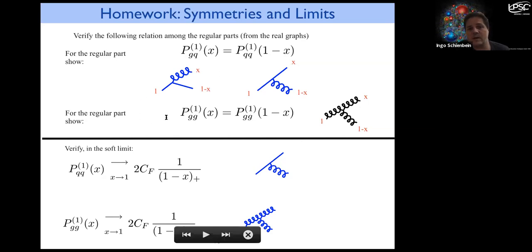And for the regular part, if you don't have the virtual diagram for P_qq, you find also P_gg of x is equal to P_gg of 1 minus x. So if you just take the regular part of this diagram here. Then it's sometimes interesting to know the splitting functions in the limit x to 1, in the soft limit. And those are relations you can verify.